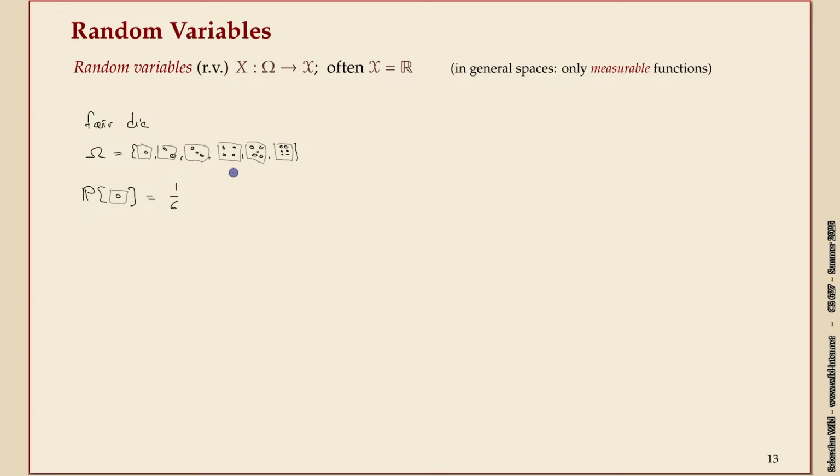But of course, we could map all those to numbers. So we could have X be the mapping to 1 to 6. In the natural way, you just count the dots. And that way you can talk about the numerical value.